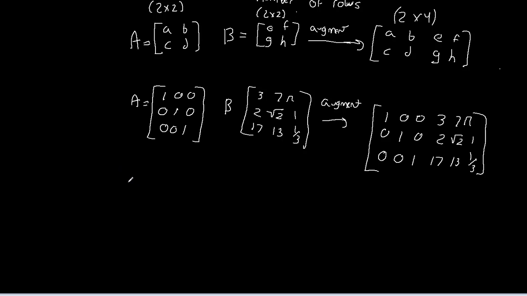So let's do one final one. Let's do A as a 2 by 2 again. Let's do 5, pi, 7, 2. And we're going to have B equal to, again, the number of rows has to match, so let's do a 2 by 3.